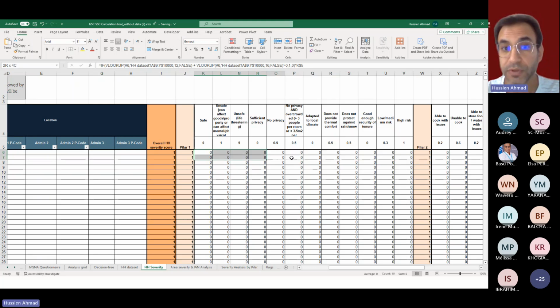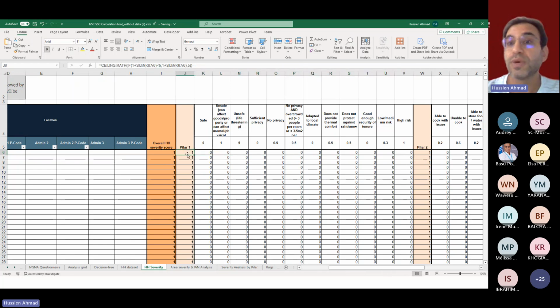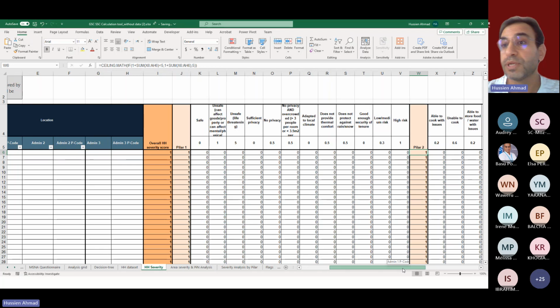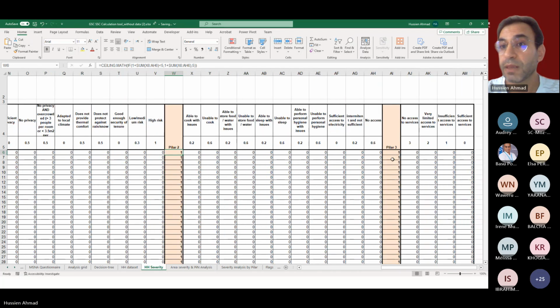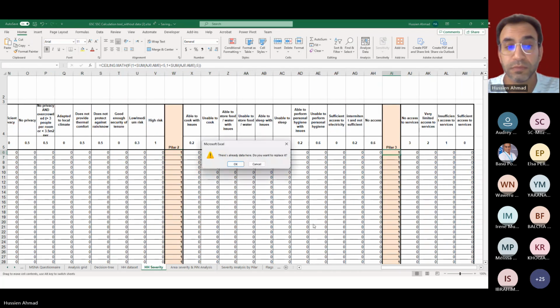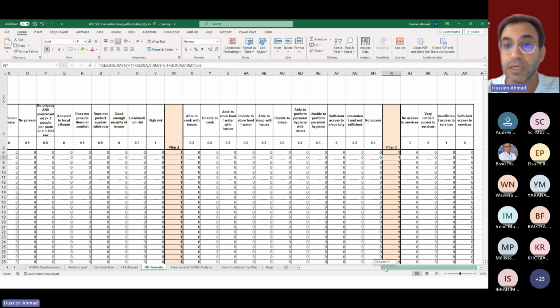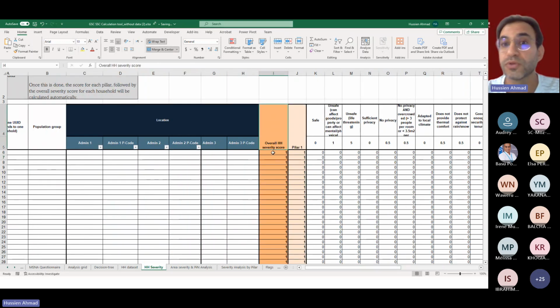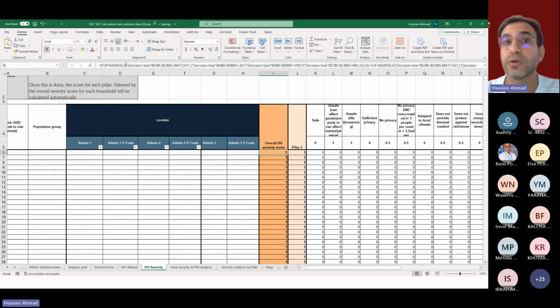Once you have your formulas written and reflecting each criteria level here, you will have the severity by pillar 1, pillar 2, and pillar 3 for each household. And then automatically the overall severity score for each household will be calculated according to the decision tree. You see the formula here is already written for you.